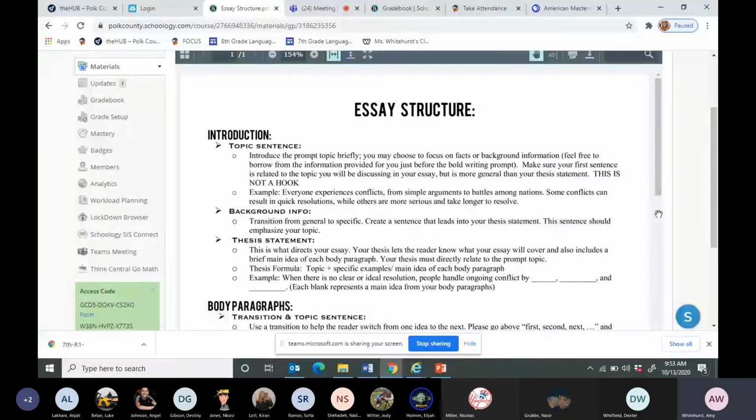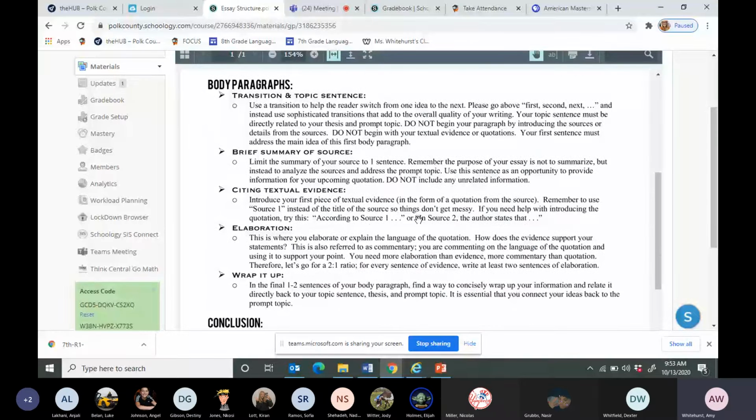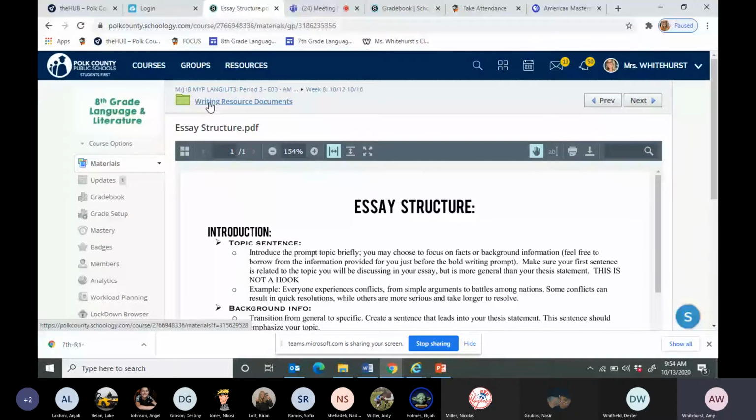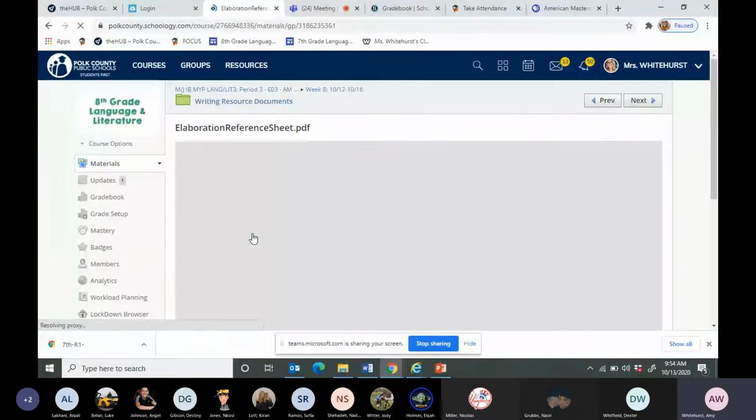You could just look in front of you at whatever part you needed, okay? Maybe you were having difficulty with the last sentence of your body paragraphs or that sentence between your topic sentence and your evidence. So it might be helpful to print this out while you are working. But again, today we're just going to quickly go over the information concerning elaboration.